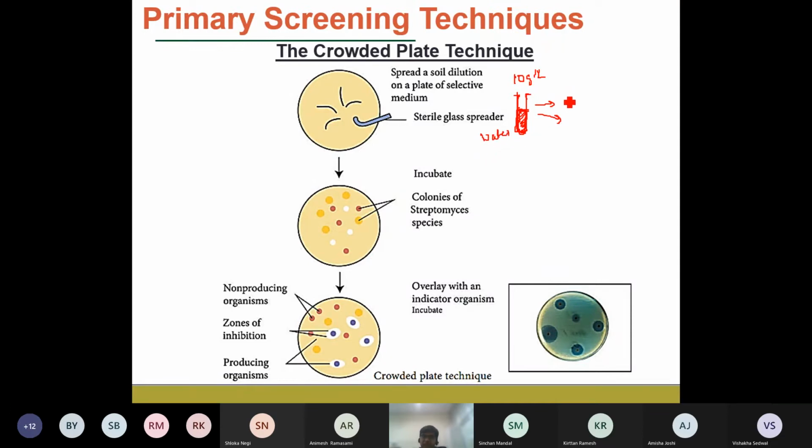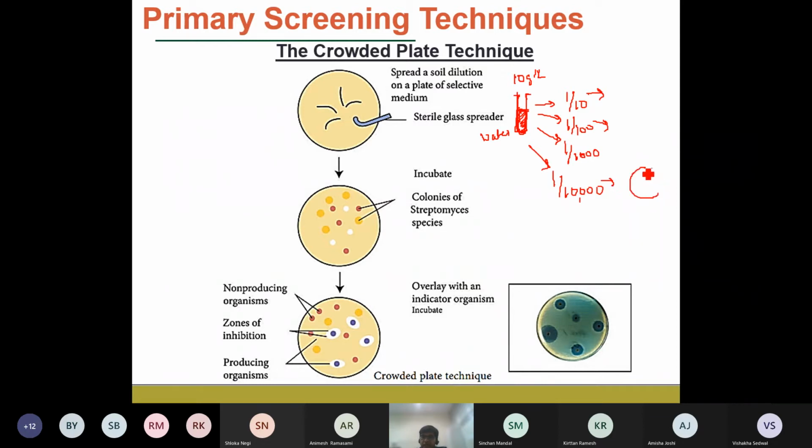When we dilute it, for example by 1/10th or 1/100, so by several factors, 1/1000s, we then take the very low concentration diluted sample and grow it on an agar plate.